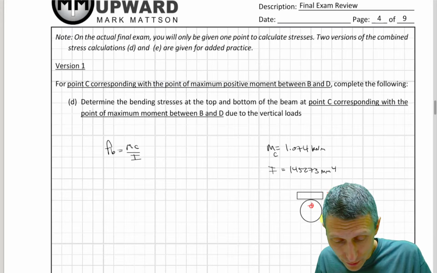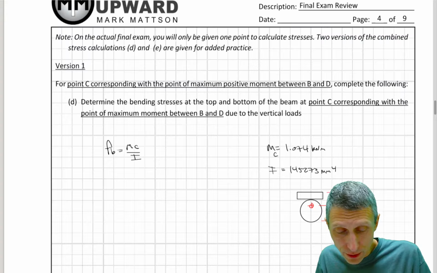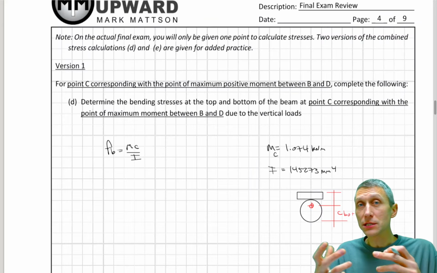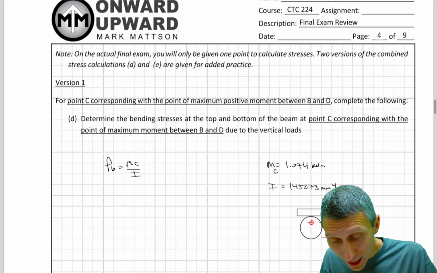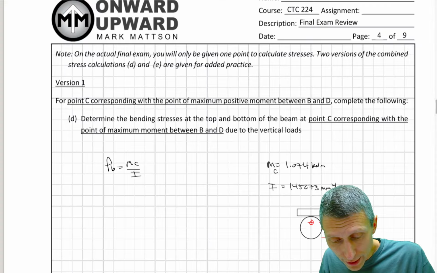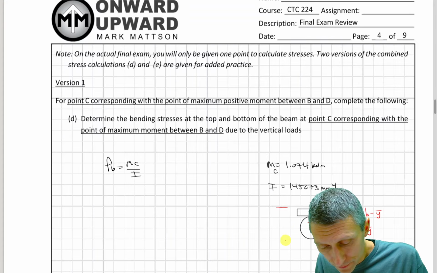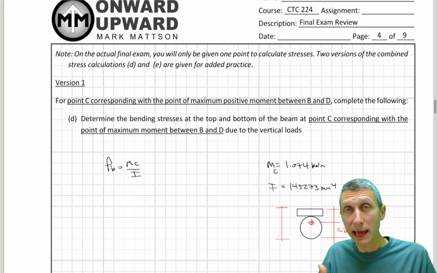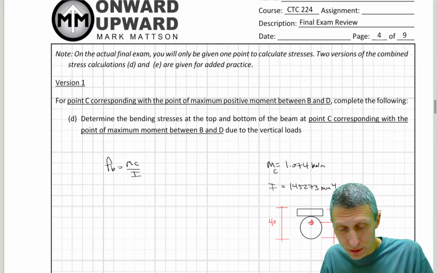Now, if we think about this, the extreme fibers are going to be at the top or the bottom. So C for the bottom is just going to equal Y bar, that's the distance from the bottom to the centroid. C for the top is going to be a little bit different. This is going to equal the total height minus Y bar. In this case, our total height is 30 plus 10, because we have a 30 millimeter diameter plus 10, so this is 40 millimeters height.